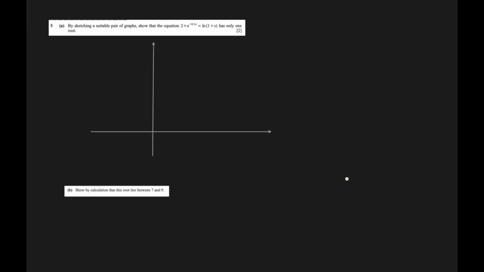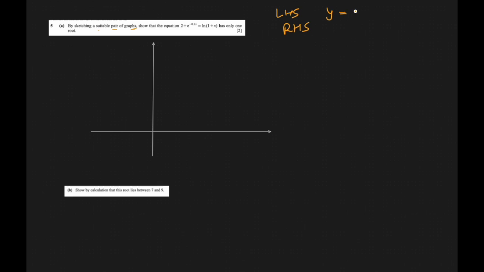Question number 5, A part says, by sketching suitable pair of graphs, show that equation this has only one root. So what will I do? I will make the left hand side one function and right hand side one function. That makes it suitable pair of graphs. So I broke the equation into two parts.